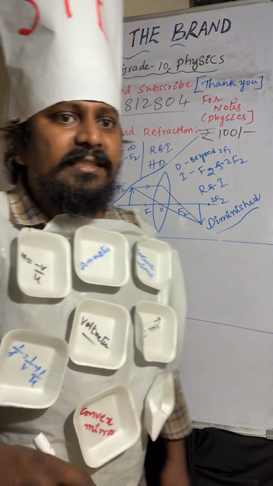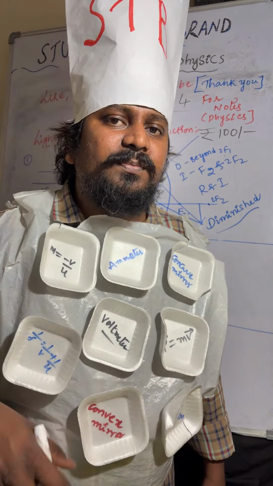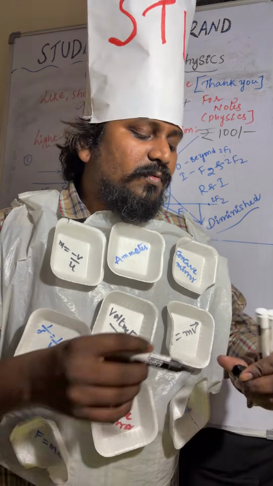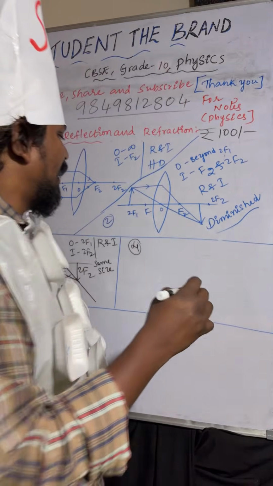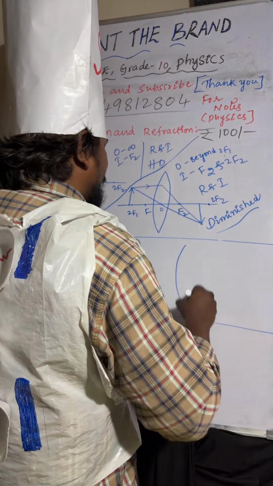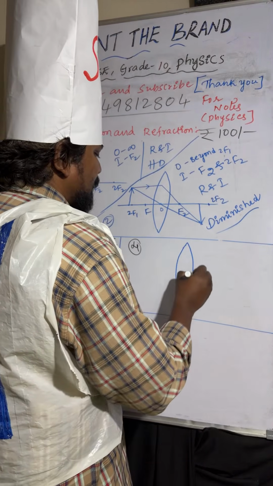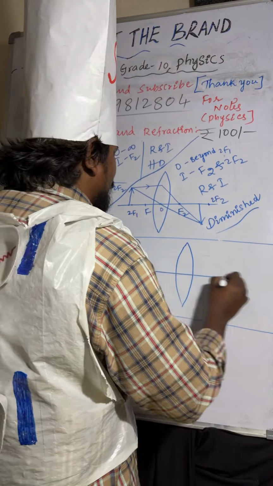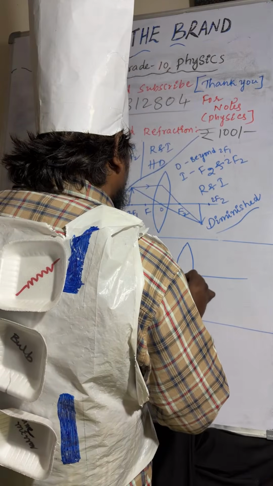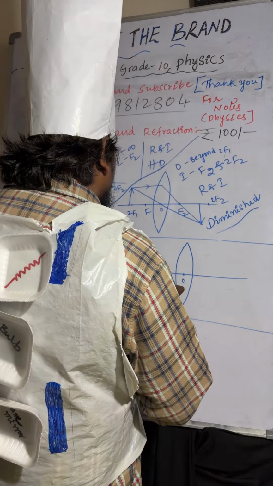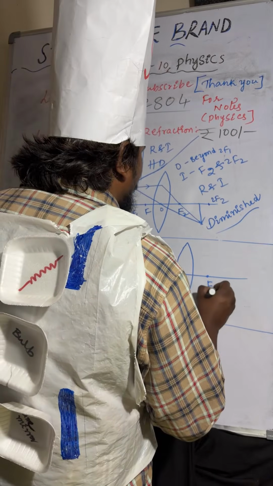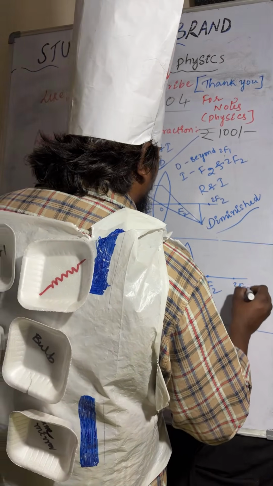So can you guess and let me know where object is placed, where image is formed, what is the nature of the image? So now you can see object is placed, F1, 2F1, F2, 2F2.